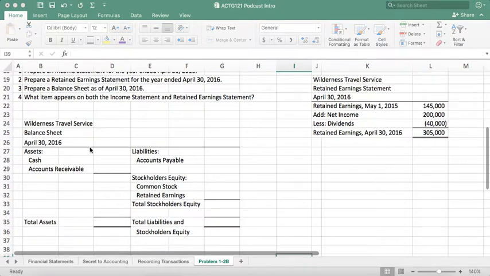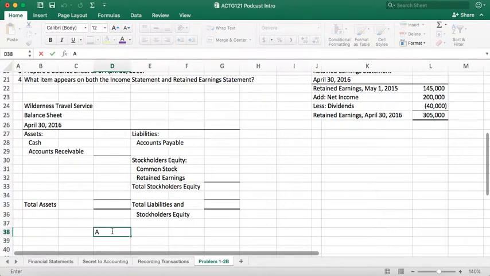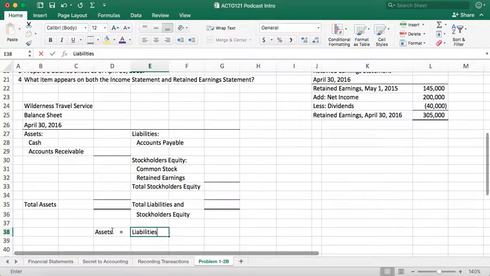I've added something new to our problem. As you can see, here's the balance sheet. I've set it up so that all our assets are on one side and our liabilities and stockholders' equity are on the other side. The reason for this is it needs to look like our accounting equation: assets equal liabilities and stockholders' equity.